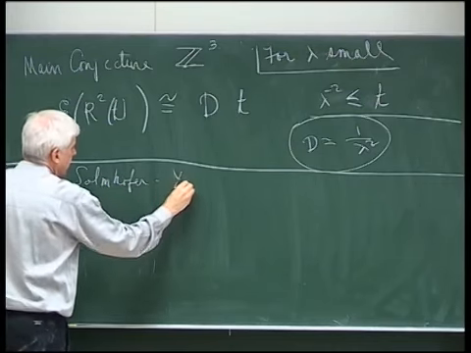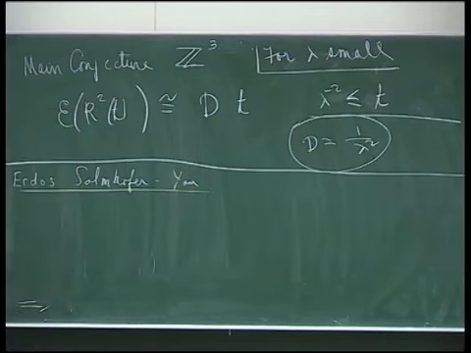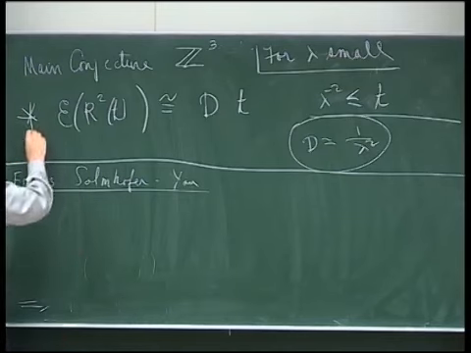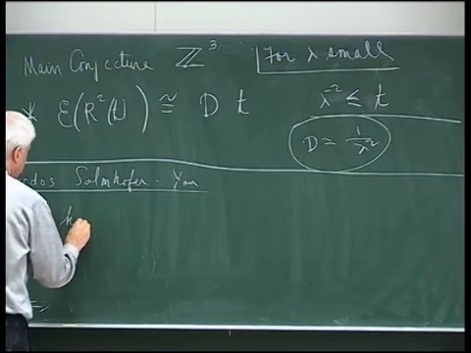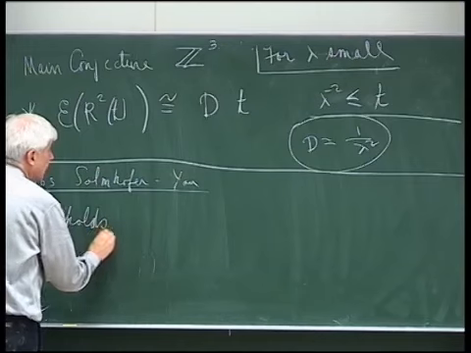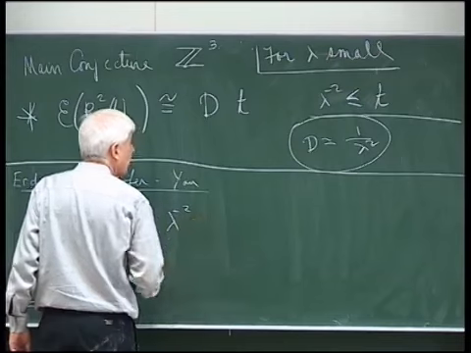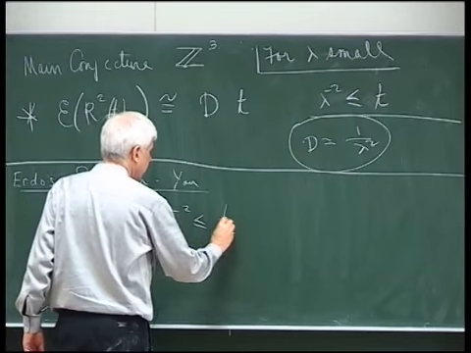I believe it's in the Acta Mathematica. And what it says is that this condition, star, holds in the following time regime. They don't quite state it this way, but it's essentially equivalent.